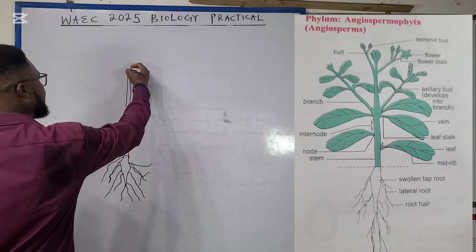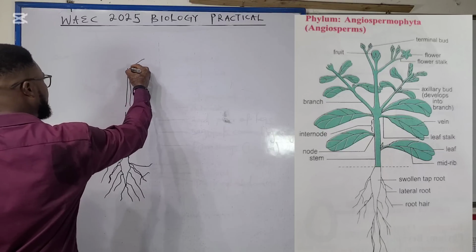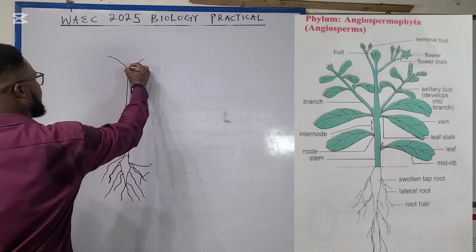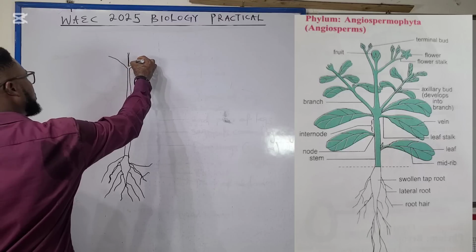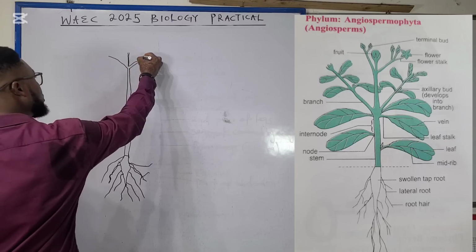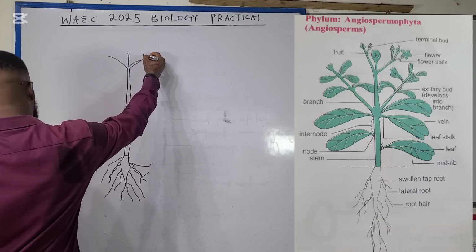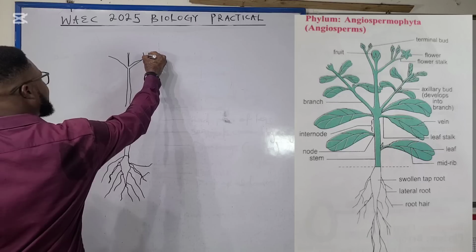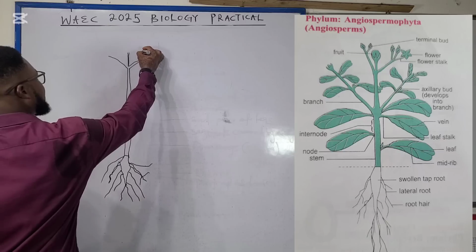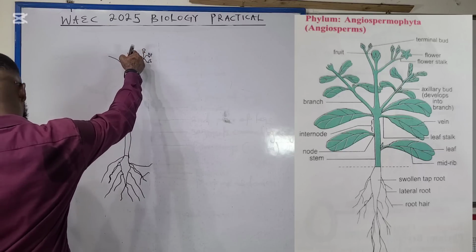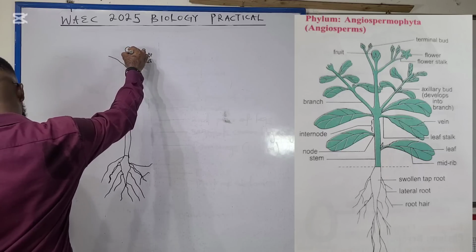When you get here, you're beginning to get to the terminal part, so you could go this way, this way, and then one at the center as well, so that at the end here, what we are having are the terminal parts, the flowers, and all of that. These are the flowers at the end.